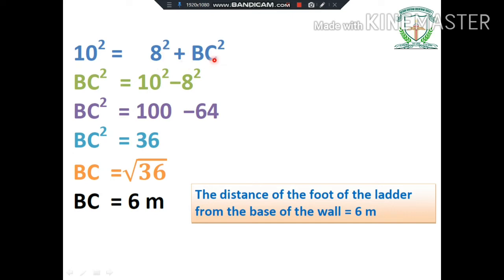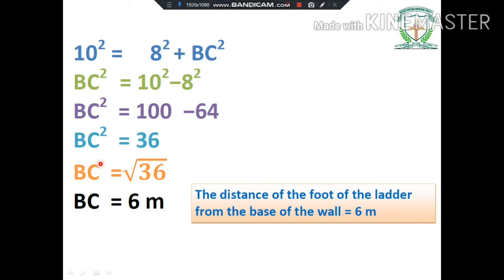Now the simplification part. Write BC square as it is, 10 square minus 8 square. So 10 square is 100, minus 8 square is 64. So BC square is equal to 100 minus 64. So 100 minus 64 is how much? 36. So BC square is equal to 36.